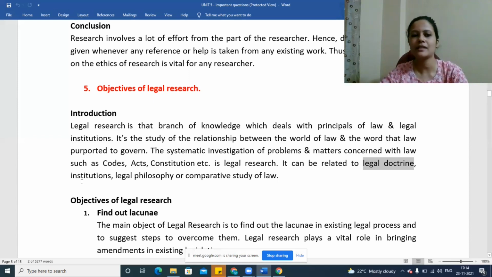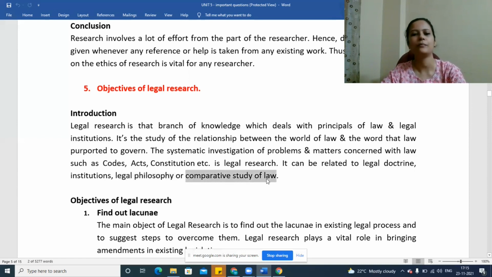It may be on some institutions. How is the National Green Tribunal functioning? How is the Income Tax Appellate Tribunal functioning? It may be on legal philosophy, whether the concept of justice, equity, and good conscience should prevail or not. That is completely a philosophical study. Is it helping or is it creating confusion amongst people? That also can be one study.